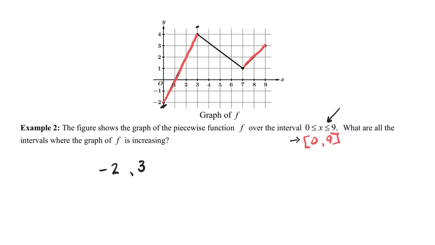And I don't really want you to worry too much about whether I use a bracket or a parenthesis. Don't freak out about that. I will tell you that normally at a single point, you can't be increasing or decreasing, so the normal would be to use parentheses.